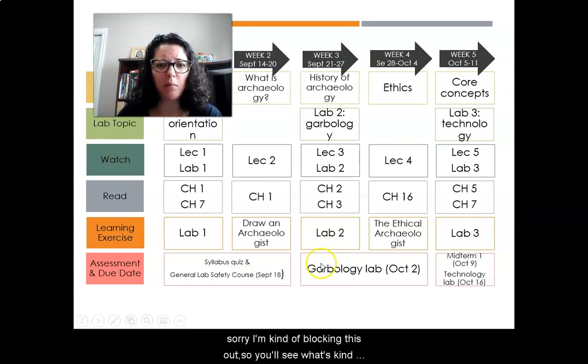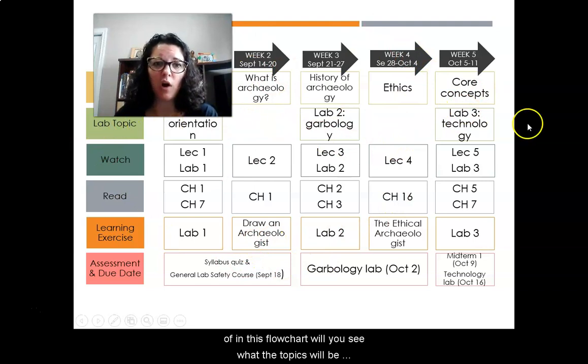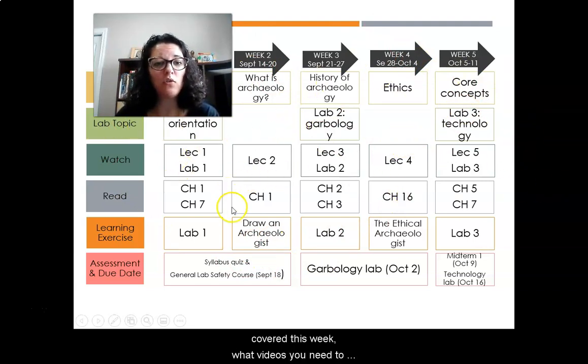I've then posted a schedule. Again, sorry, I'm blocking this out. So you'll see in this flow chart what the topics will be covered this week, what videos you'll need to watch, what chapters you'll need to read, and then if there is a learning activity. And you'll see that I've bounced back and forth between a lab exercise.